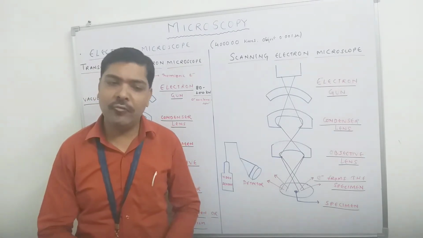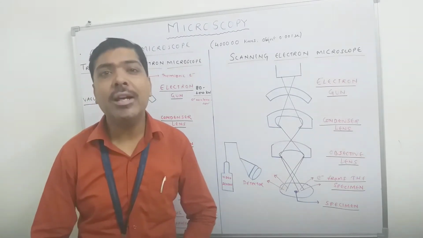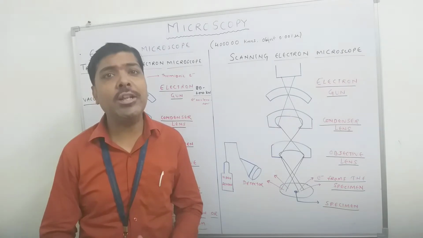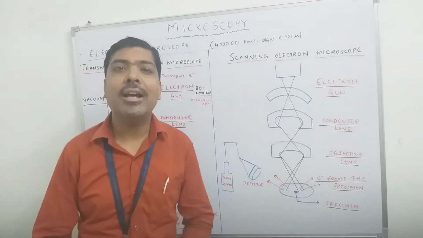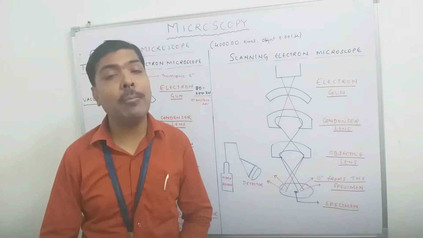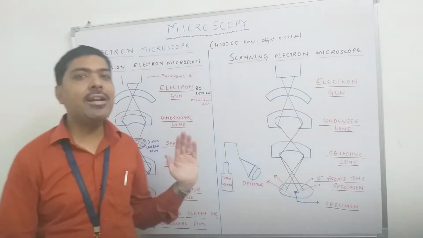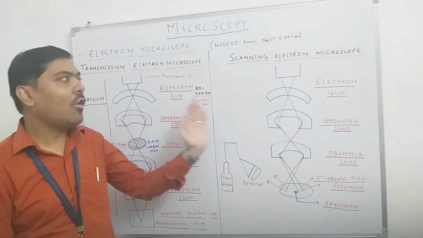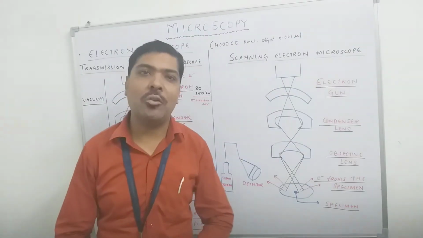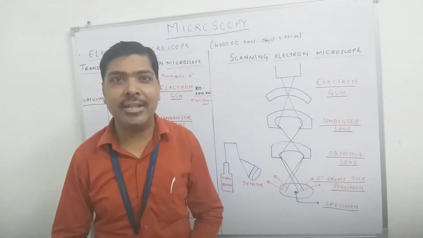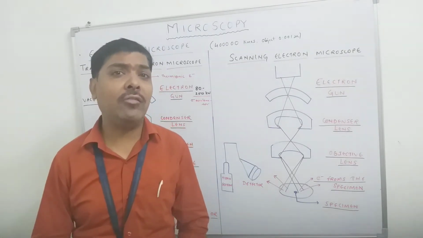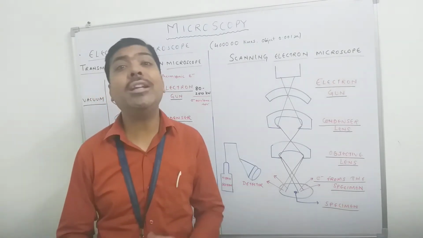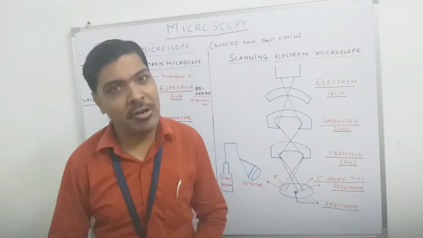Because if we compare it with the light microscope, the source used for illumination, for the visualization of the object, is light. Whereas in electron microscopy, whether it is transmission or scanning, in both cases the source used for the visualization and magnification of any object is not light, it is actually electrons.